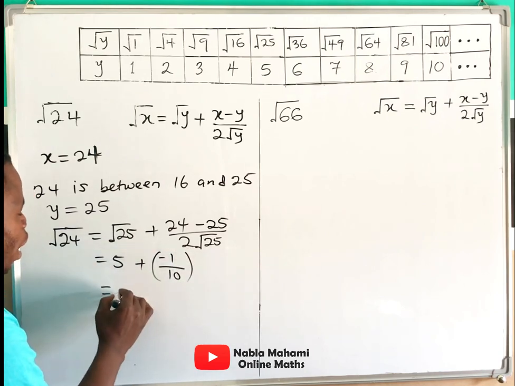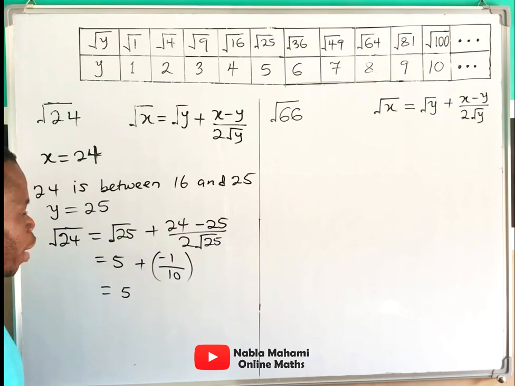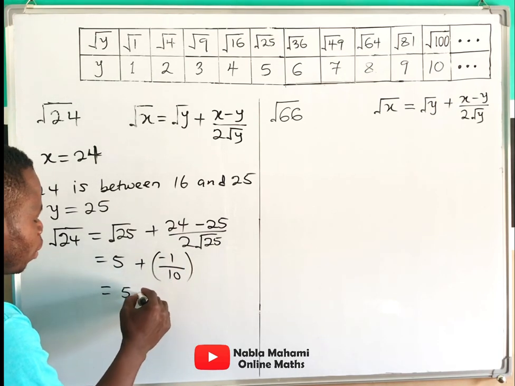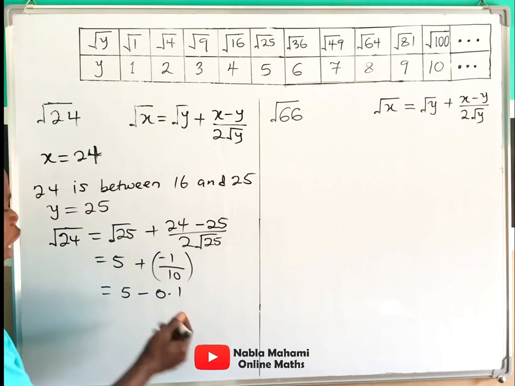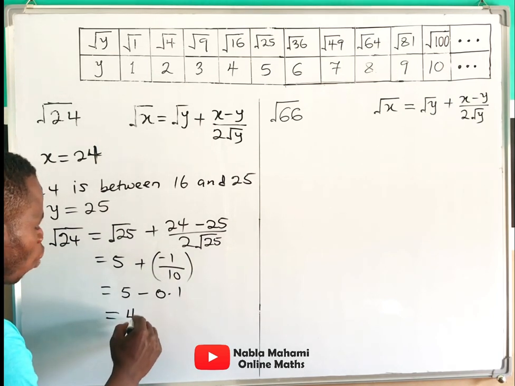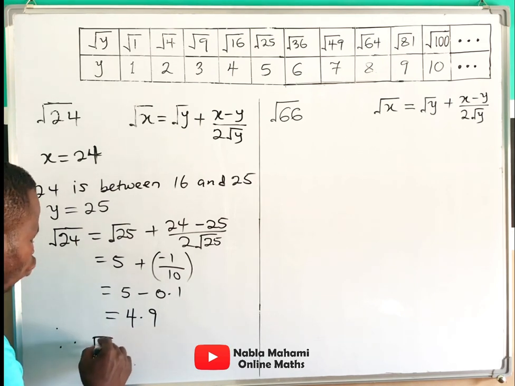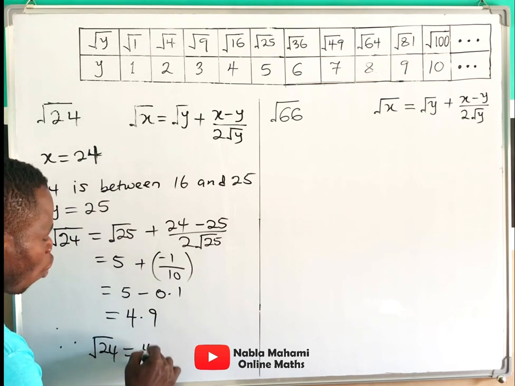So you can see that I will now have 5, plus and minus, the negative will outweigh the plus. So 1 over 10 is 0.1. So I will now have 5 minus 0.1, and 5 minus 0.1 is 4.9. Therefore, square root of 24 is equal to 4.9.